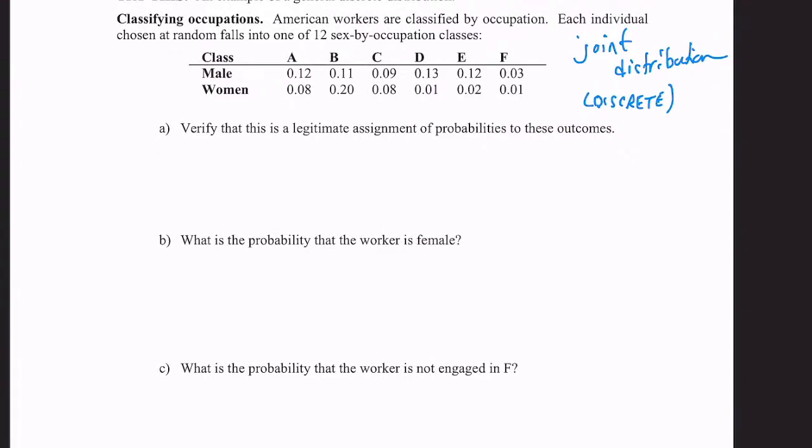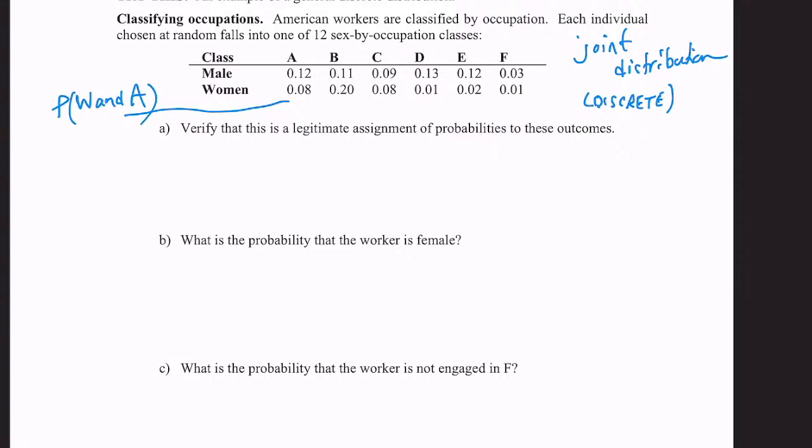So each of these, like this one here, means that's the probability of being a woman and in class A. Now, these are all the possible outcomes, and they're disjoint.